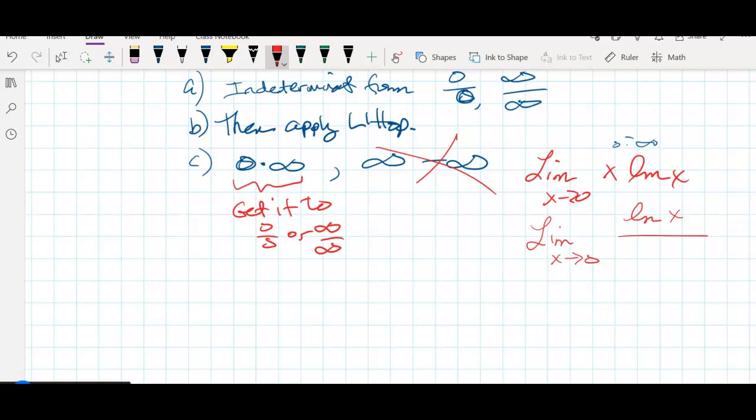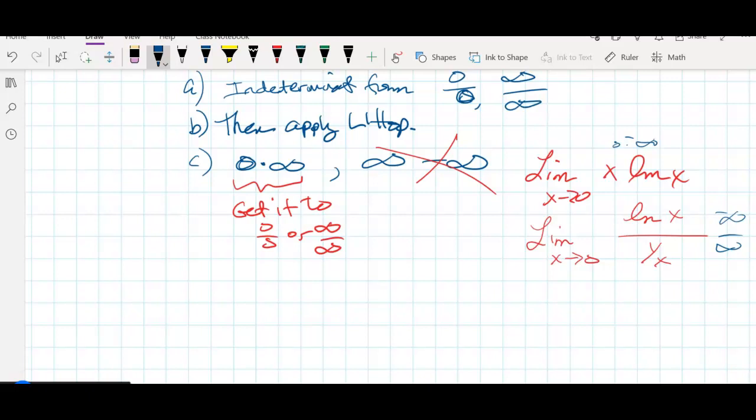When the x moves to the denominator, what does it become? Yeah, then it ends up being negative infinity over infinity, right? Again, the negative doesn't matter. It's infinity over infinity. At that point, you're good. Now you can go ahead and apply L'Hopital's rule.